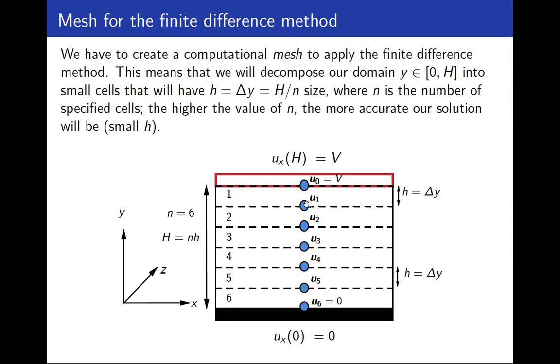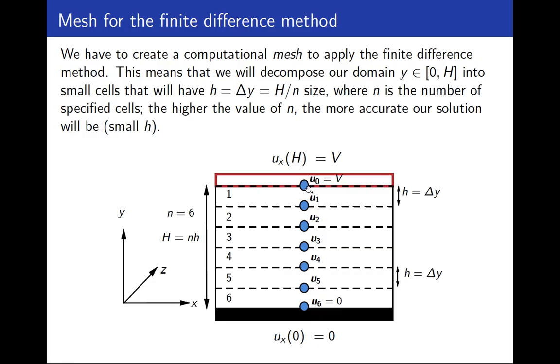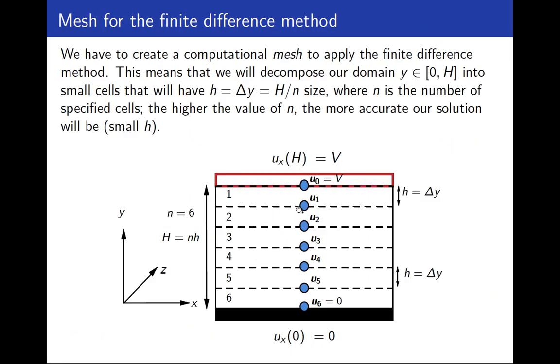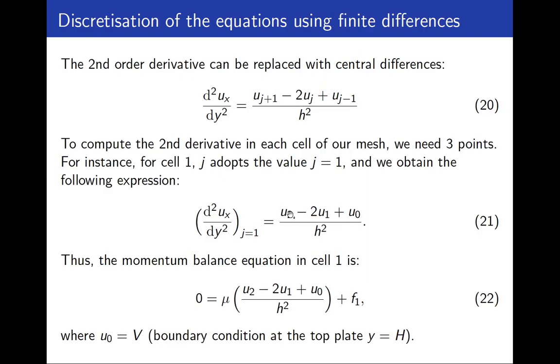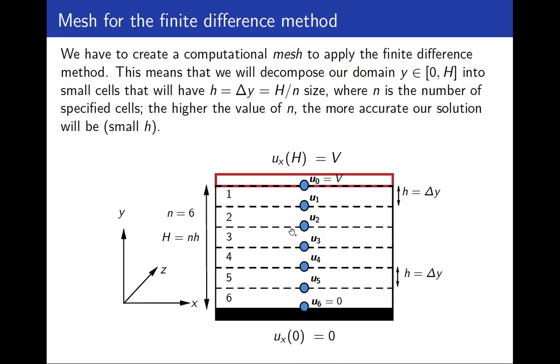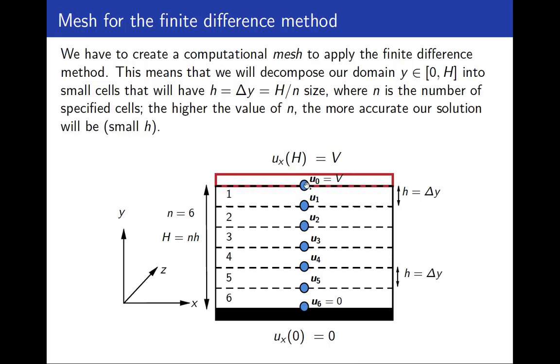We also need u1, which is here, and then we need u0, which is here. So at this cell, we need the value of the velocity at the cell at the bottom, and also the velocity value at the cell above.